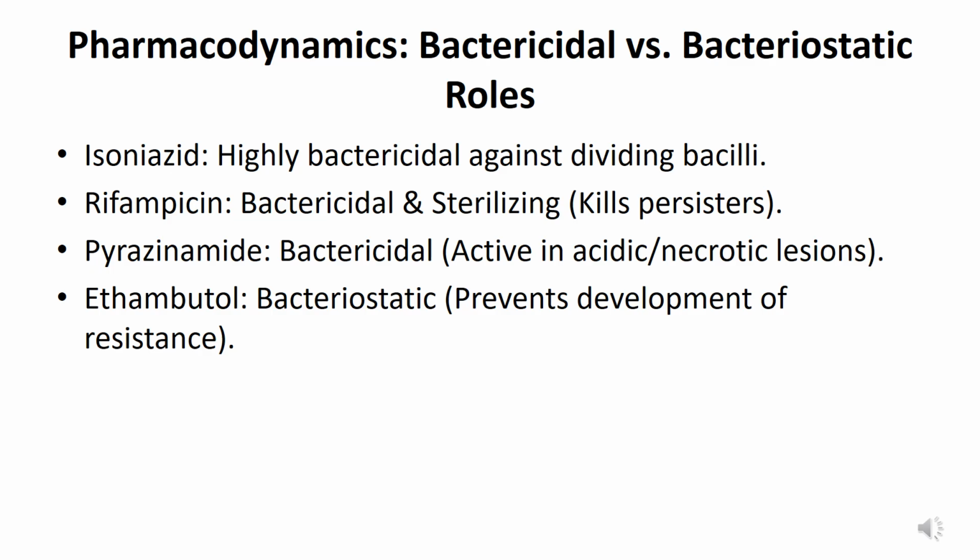These so-called persister organisms can survive standard antibacterial attacks and later cause disease relapse. Rifampicin helps eliminate these persistent populations by blocking RNA synthesis and disrupting essential cellular functions. Because of this sterilizing effect, Rifampicin is considered one of the most valuable drugs in the entire treatment regimen.